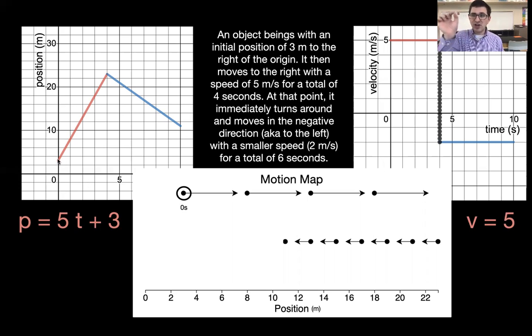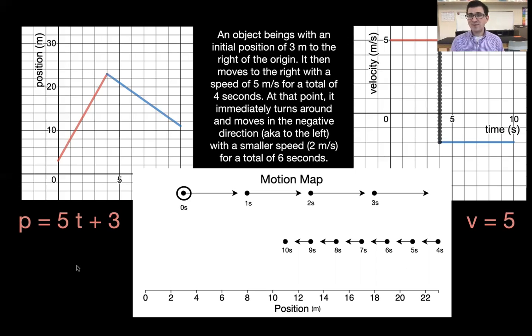And then there's a little dot, let's imagine that it's a car and it's leaking oil, and it just drops a little oil dot right here. So at 1 second, the position is 8 meters, which also corresponds to our position versus time graph. 1 second, 8 meters. And then it goes on from there, 2 seconds, 3 seconds, 4 seconds, 5 seconds. And then you can see all the different positions at all the different times.